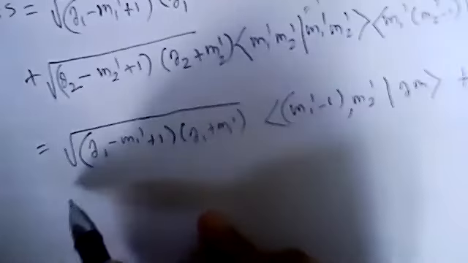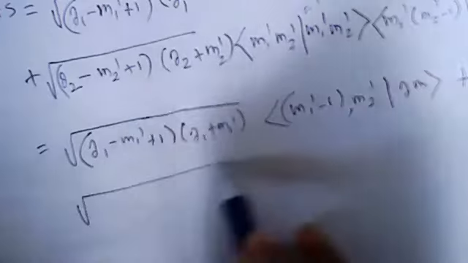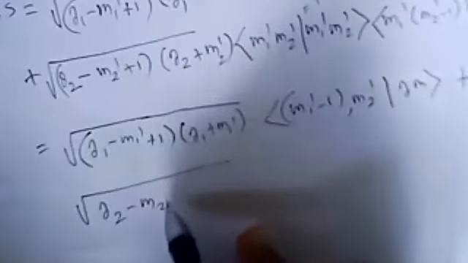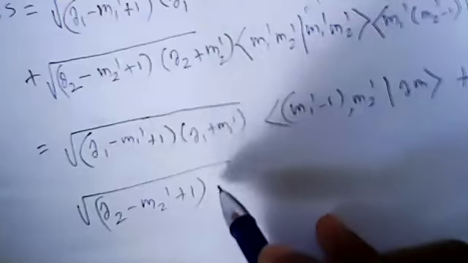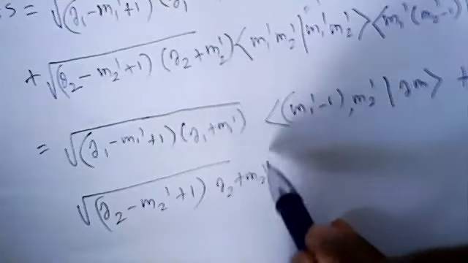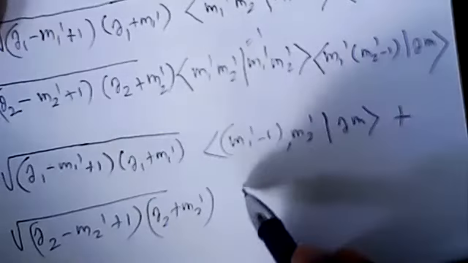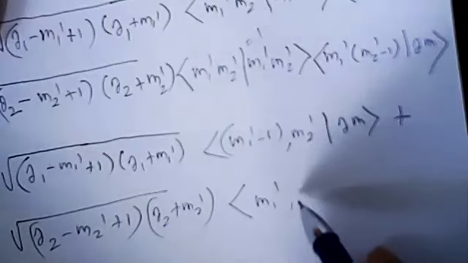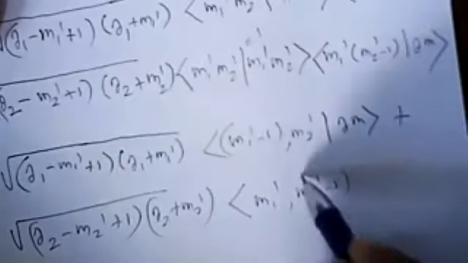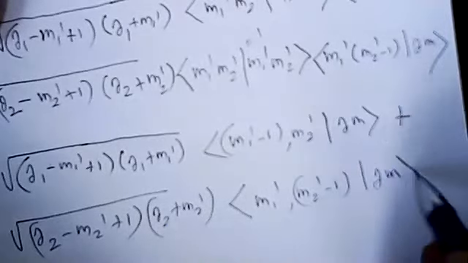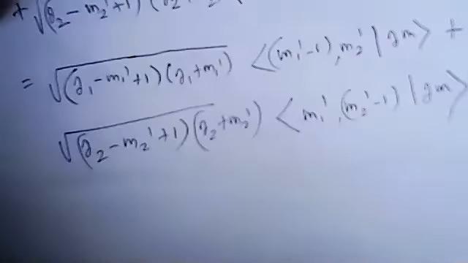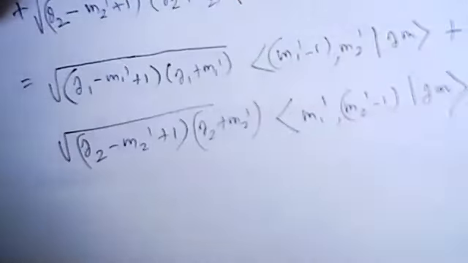Plus the second term, root of j2 minus m2 dash plus 1, j2 plus m2 dash. Then this becomes 1, only this term remains: m1 dash, m2 dash minus 1, jm. So this is the RHS. The LHS is untouched, that remains the same.